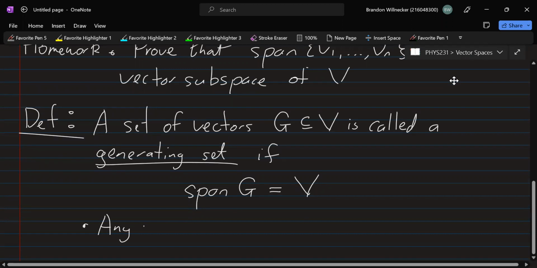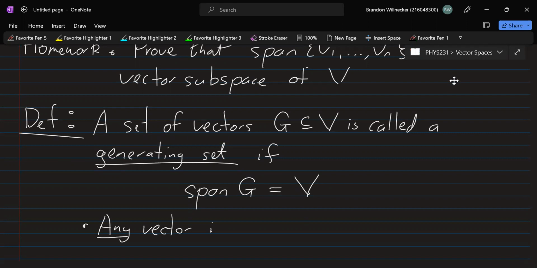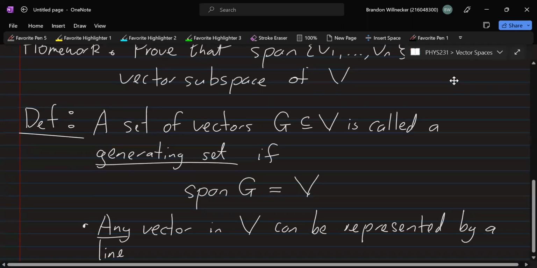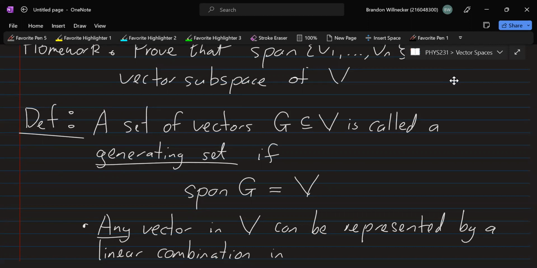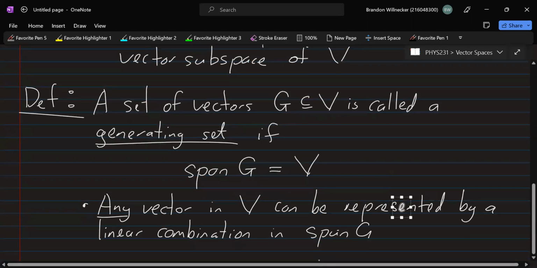Just a note: any vector in V can be represented by a linear combination in the span of G. That's why we call it the span, because the span of G will span across the whole of V. It reaches all parts of V, and if that's the case, we call that a generating set.